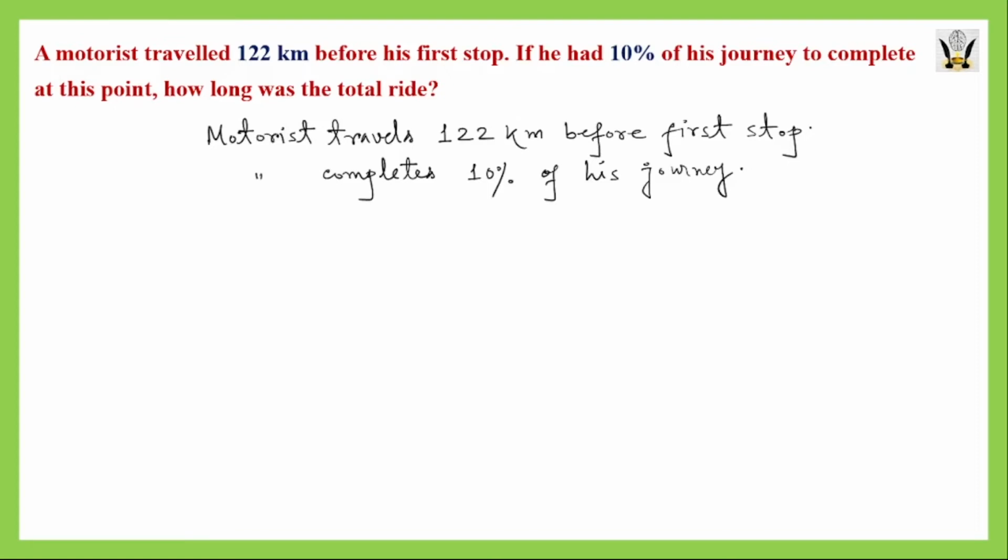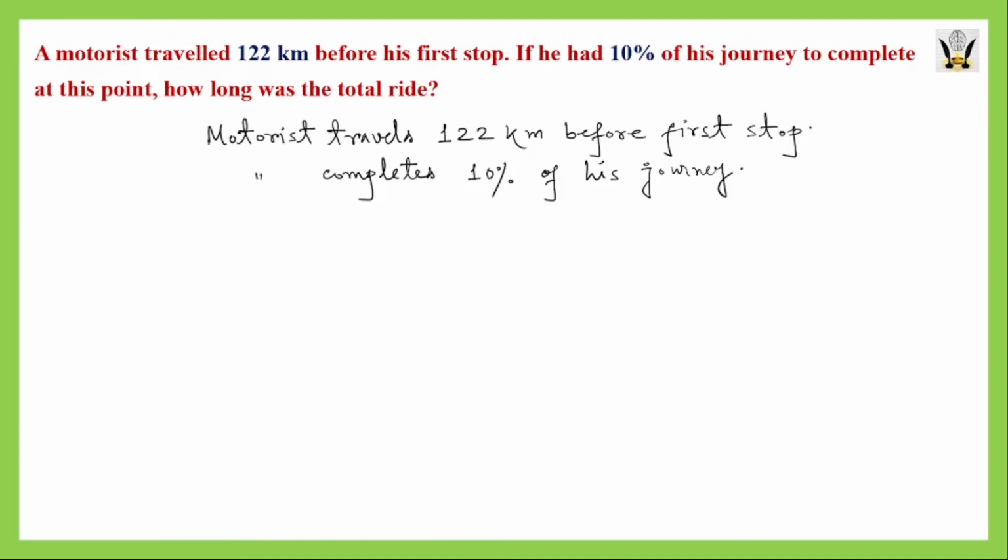And we have to find the total distance, the total ride. This one is a simple problem. So in percent, say 10% he has completed, and that distance is 122 kilometers. Total distance means 100%. Out of 100, 10 is 120 kilometers.